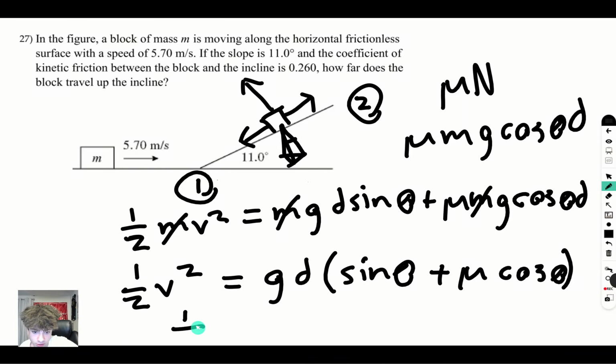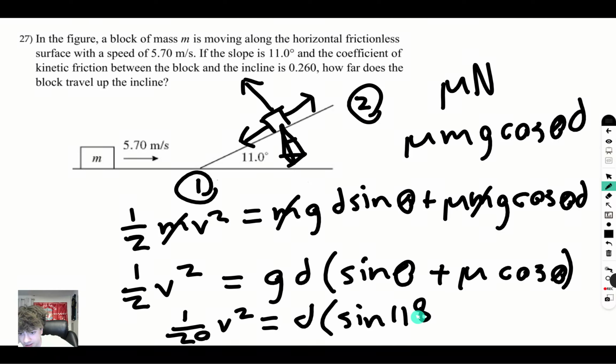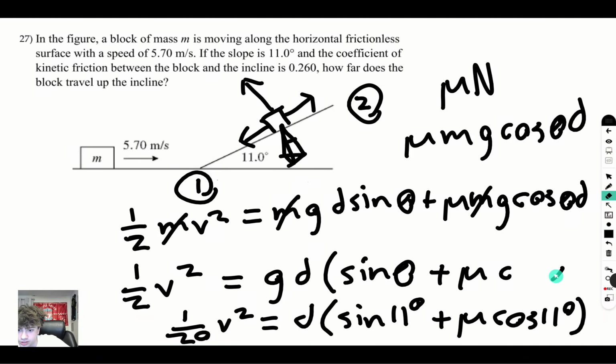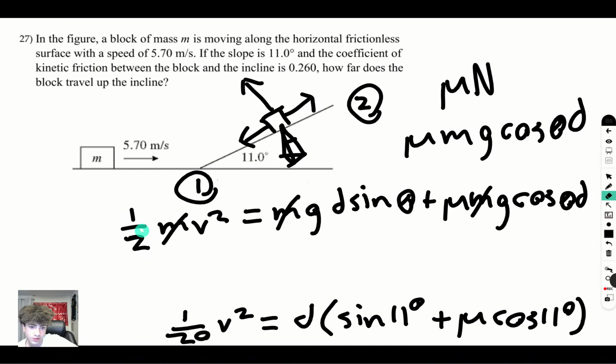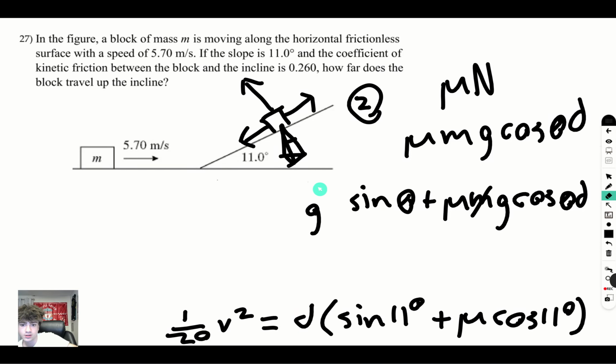We'll get 1/2 v squared is going to be d times sine 11 degrees plus mu cosine 11 degrees. From here we're going to do our calculations. I'm going to erase these previous calculations in order to give us some more space.